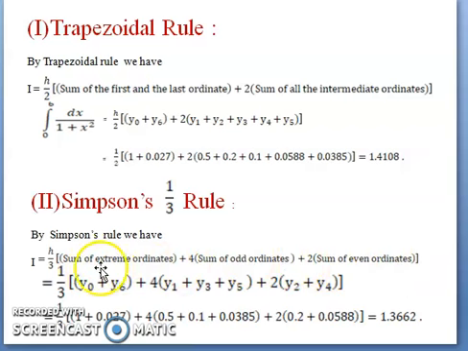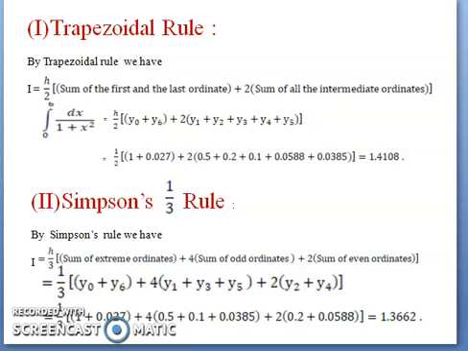Extreme means first and last, that is y0 and y6, plus 4 times the sum of odd ordinates, y1, y3, y5, plus 2 times the sum of even ordinates, y2 and y4. Now on substituting all the ordinate values from the table, we get Simpson's 1 by 3rd rule result as 1.3662.